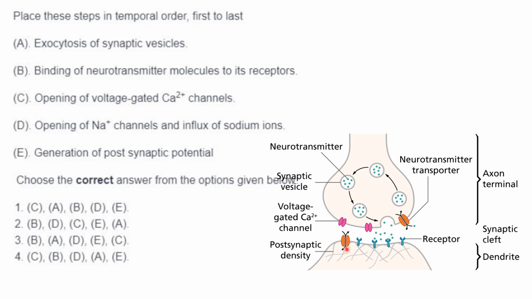Voltage gated Na+ channels open, and influx of sodium ions will result, that is D, and then there will be generation of the postsynaptic potential. So the answer here is C, A, B, D and E. So 1 is your answer.